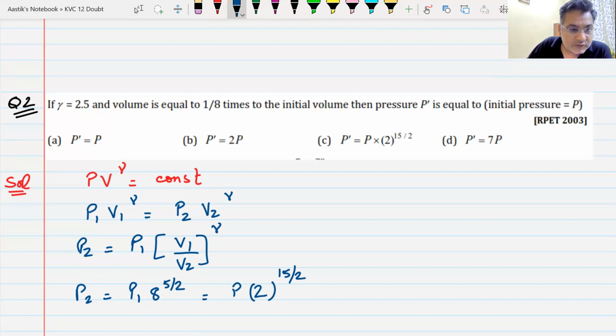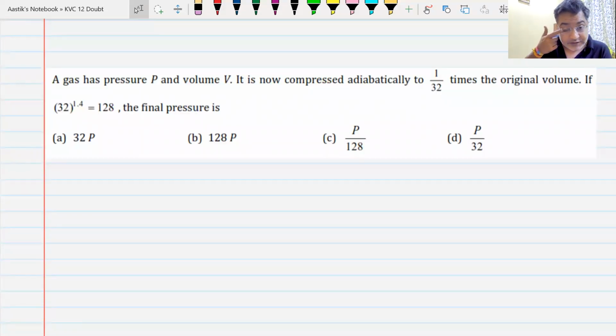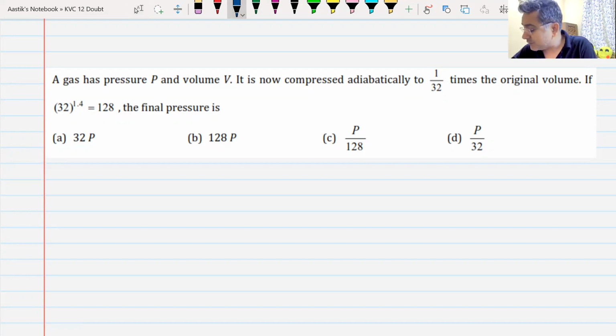Now, this is one of the current questions, and this is how the current questions are framed. They give you some ratio and they give you the value as well. So let us do this one. A gas has a pressure P and volume V, and is now adiabatically compressed to 1/34th of its original volume. The final pressure is. The gamma of this gas is not given, so you can take gamma as 1.4.